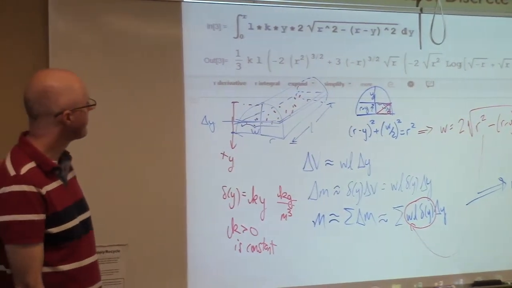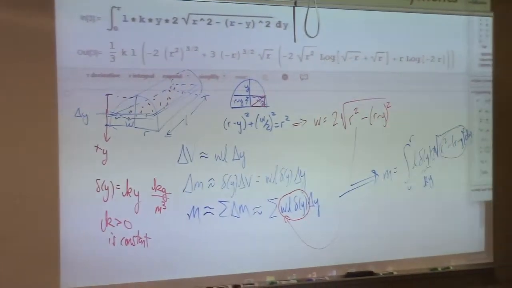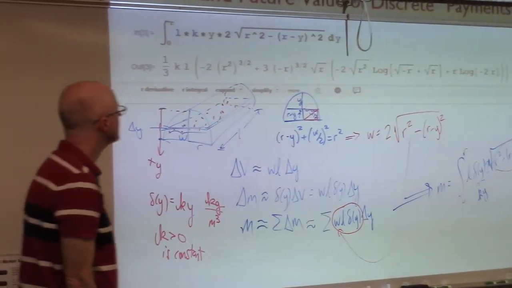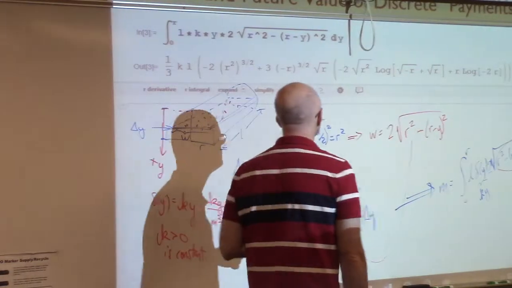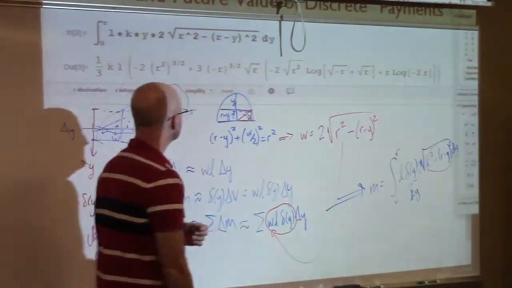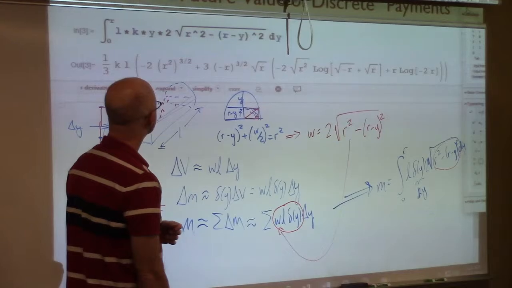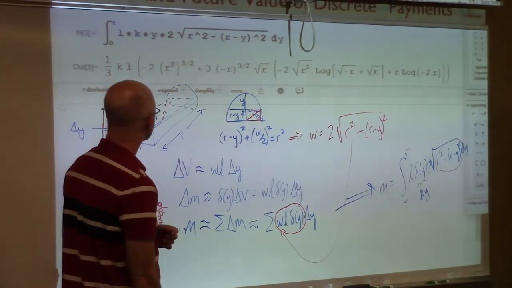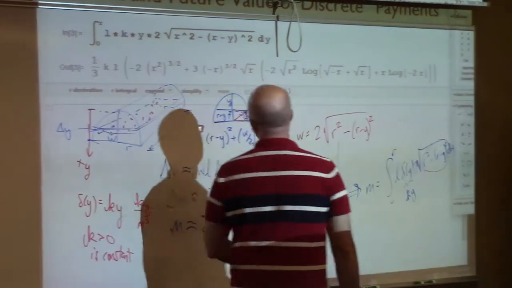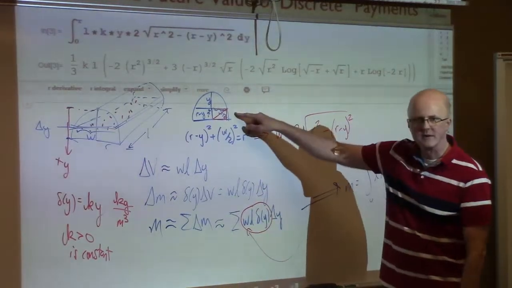I have a question about when you found the w to make equal y. Couldn't you have done just a proportion, like w over y equals 2r, because that's the base, over r when it's fully down at the bottom? Would that not work? So you're talking about this picture here? Yeah.